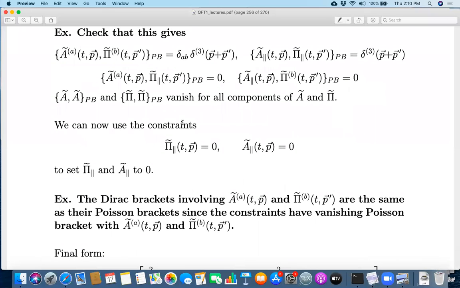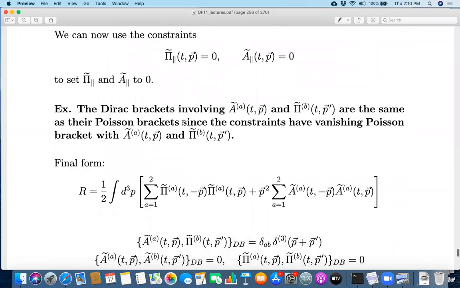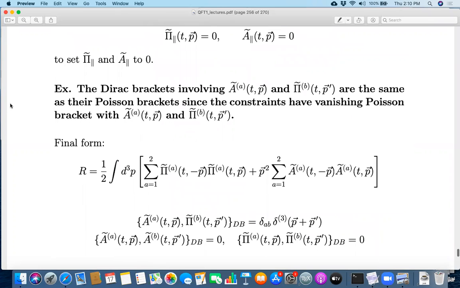So is this clear? Are there questions? Then here is the final form before we get into quantum mechanics, or quantum field theory. The final form is that the Routhian is given by an expression of this kind, involving A tilde a and pi tilde a, because we have now set pi tilde parallel and A tilde parallel to 0.